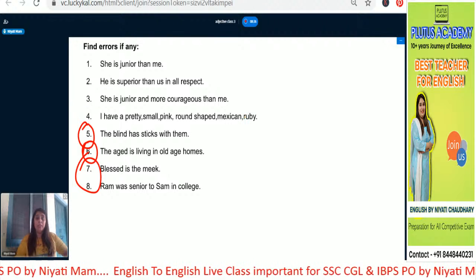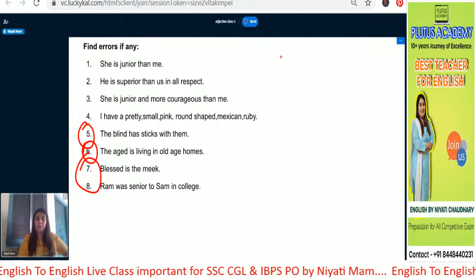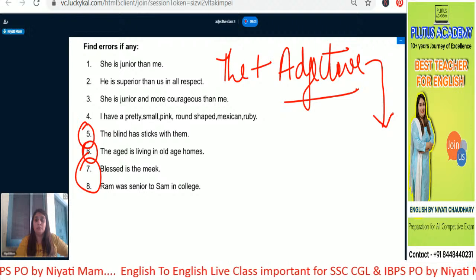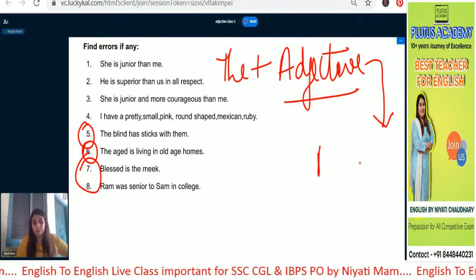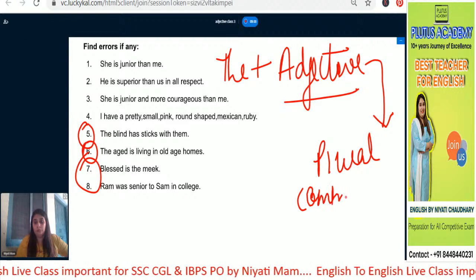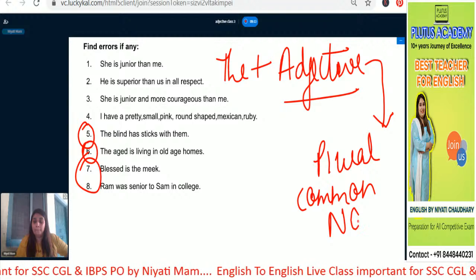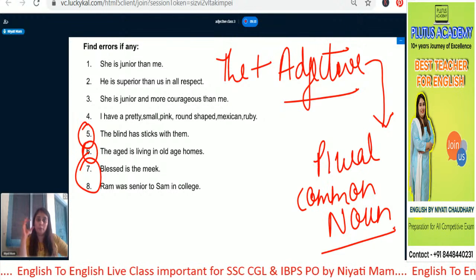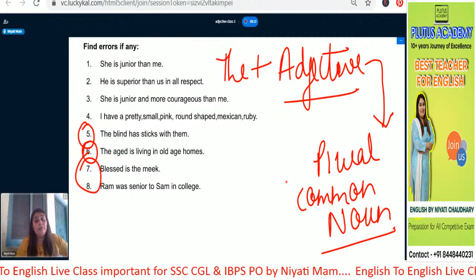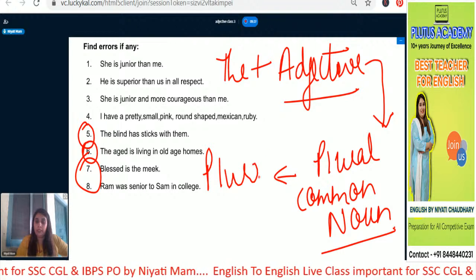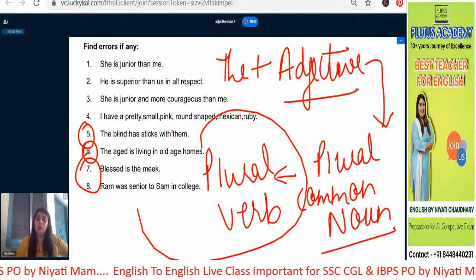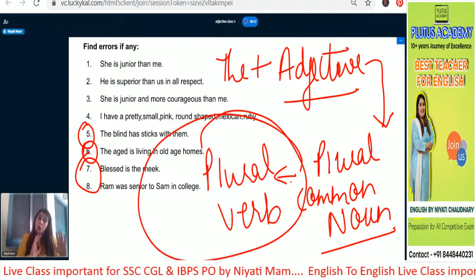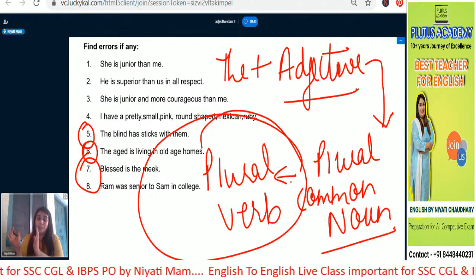Now, the aged is living in old age homes. Blessed is the meek. You people need to understand that when the is added with an adjective, it becomes a plural common noun, and plural common nouns always take a plural verb with them.